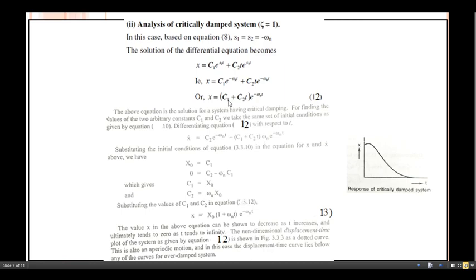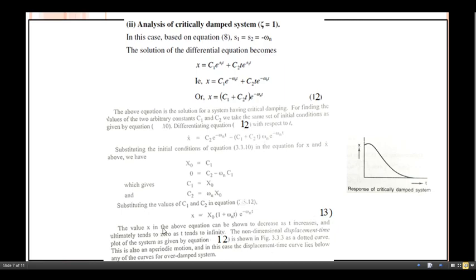So x is nothing but c1, already with us as x naught, plus c2, with us as omega n into x naught. After readjusting this equation, we get the final equation for x in this way: x equals x naught into bracket 1 plus omega n into t, into e raised to minus omega n t. So give this the next equation number.